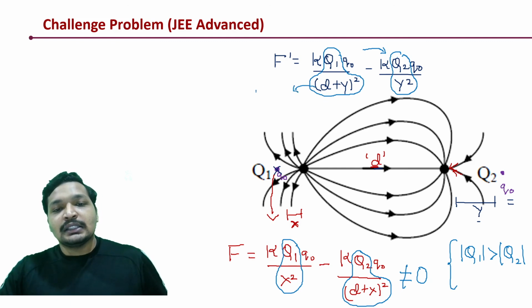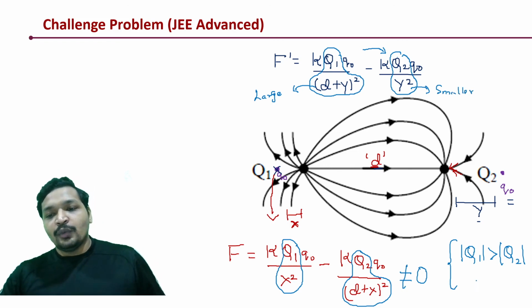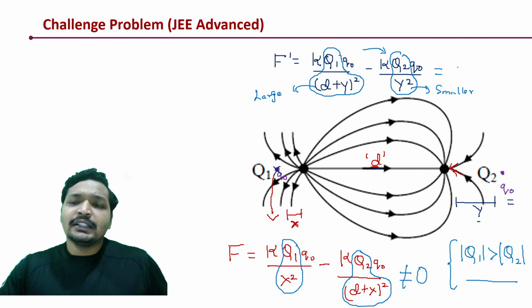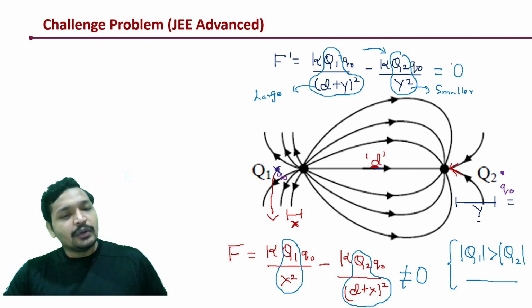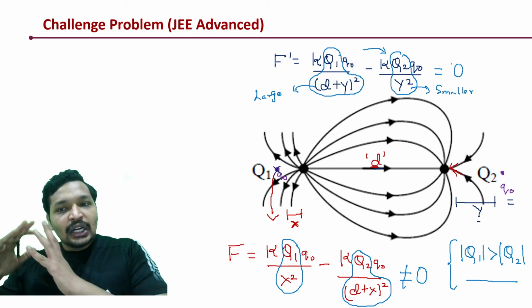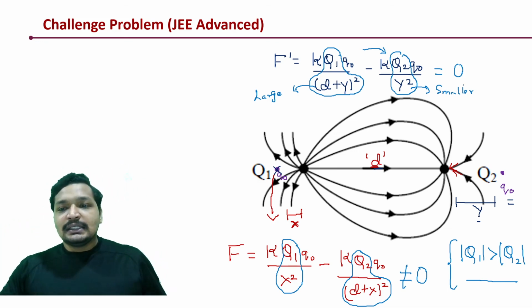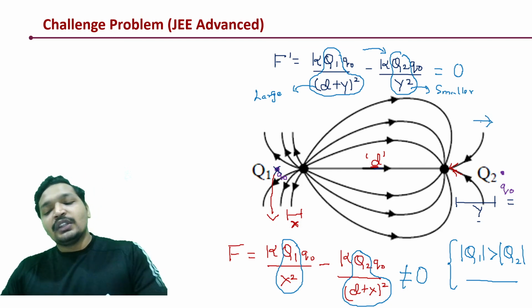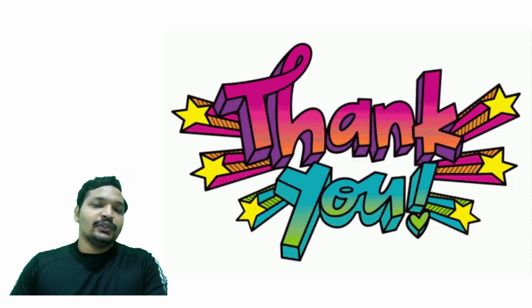But we also know the other condition, that q1 is greater than q2. So there could ideally be a point where this would become 0. Hence, to the right of q2 we can have that solution.